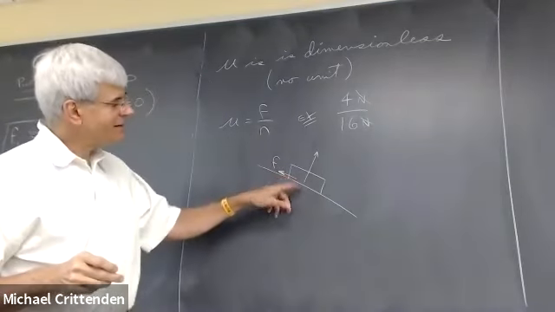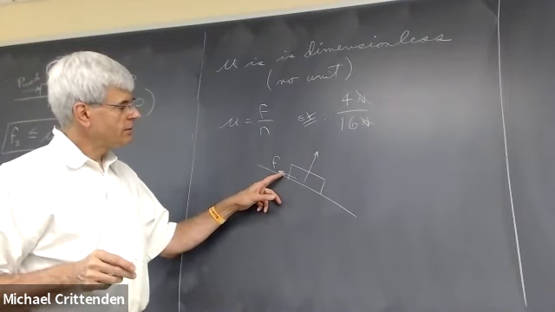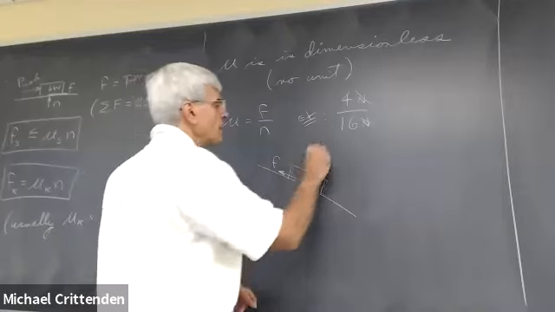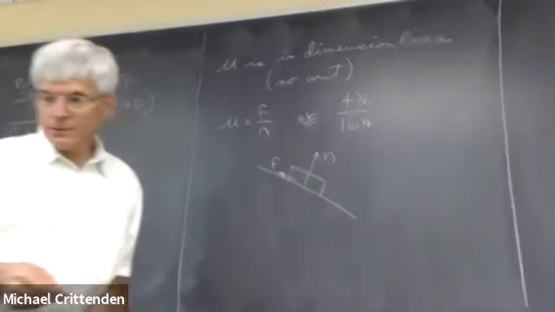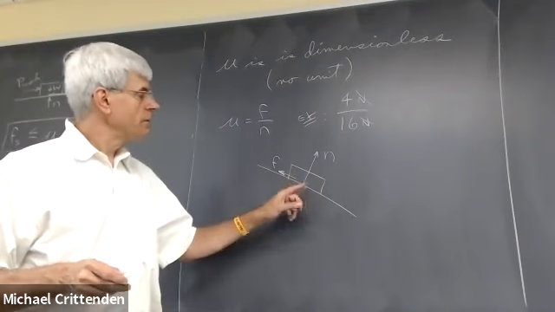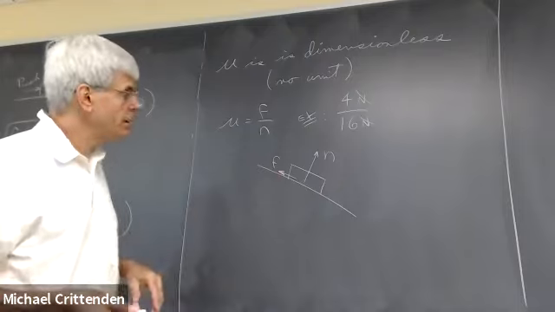The part of the contact force that's parallel to the surface it sits on, we call the friction force. And the part that's normal to the surface it sits on, we call the normal force, okay?